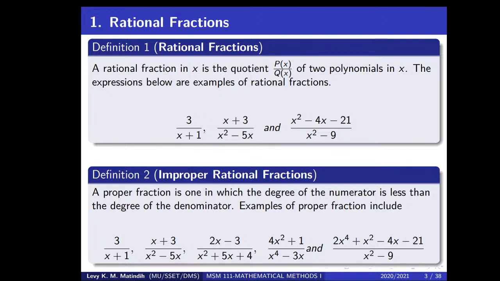Now, as you can see here, there are about 5 rational functions displayed. All these are proper rational functions, because the highest degree of the denominator is higher than the highest degree of the numerator.